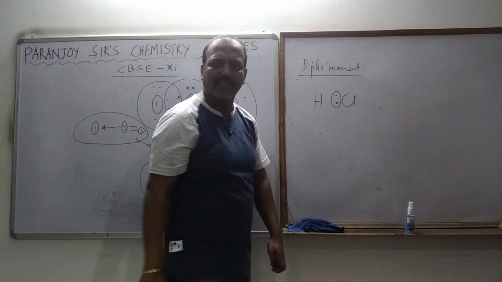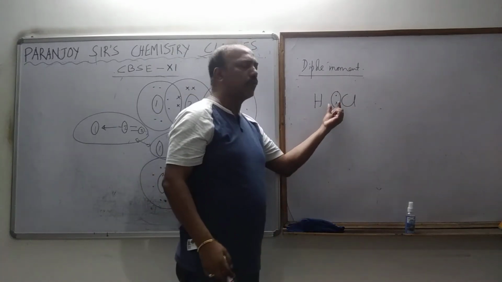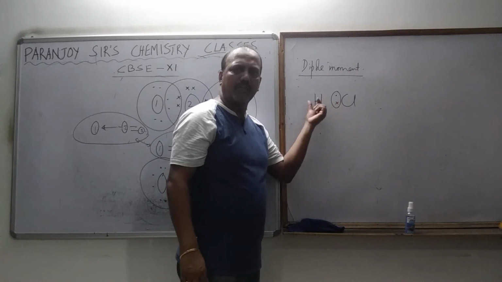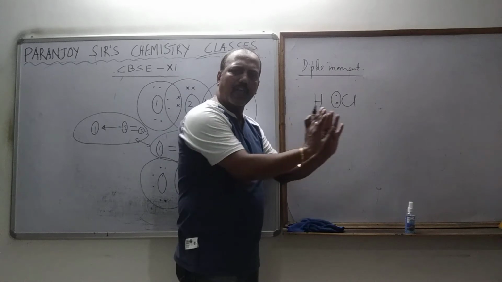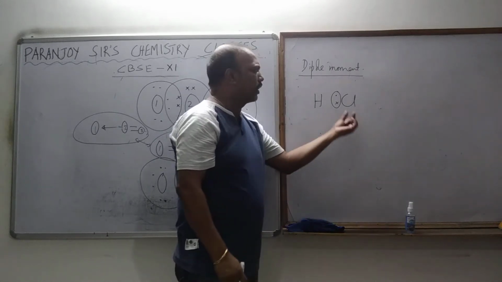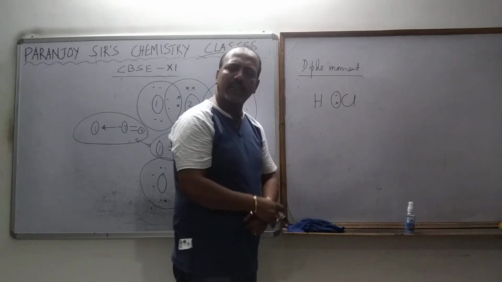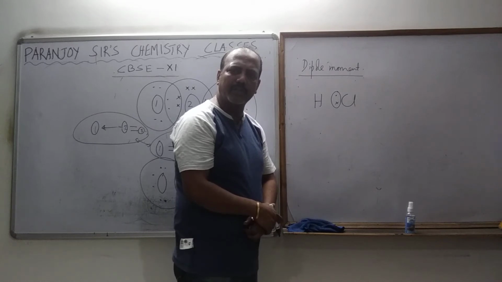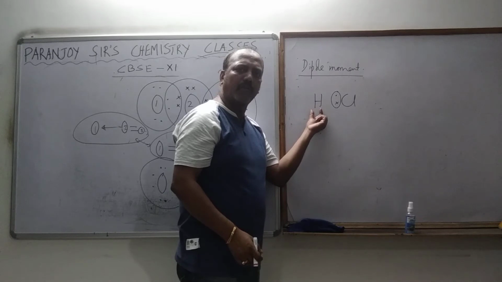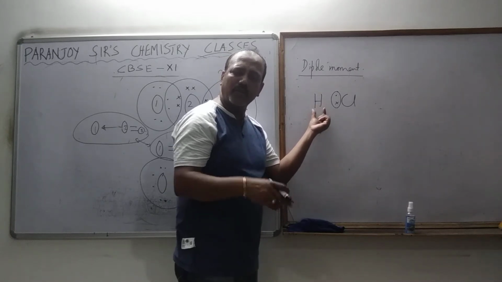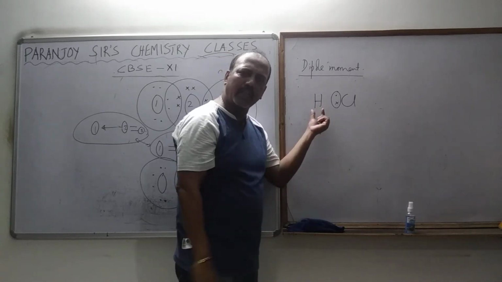What does it indicate? Though it is shared, hydrogen is partially losing the electron, it is partially going away towards the chlorine, and chlorine is partially gaining the electron. Since hydrogen is partially losing the electron, it becomes partially positively charged.